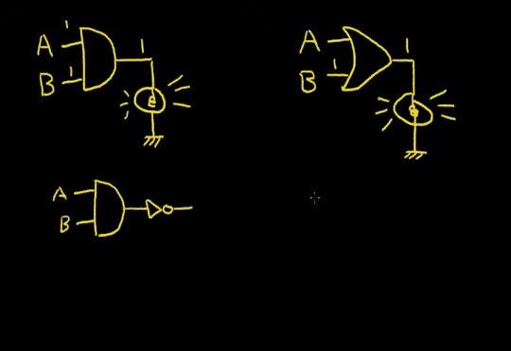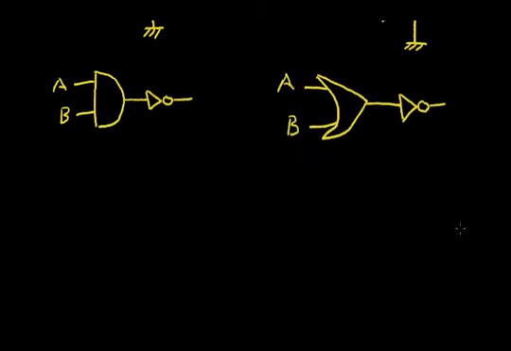Now to make a NOR gate, we do a similar thing with the OR symbol. We take the A input, B input. Now the output, again, we add an inverter. We invert the output signal, and this is called a NOR gate.